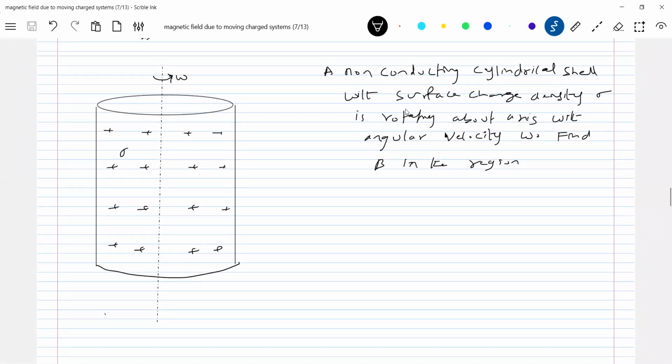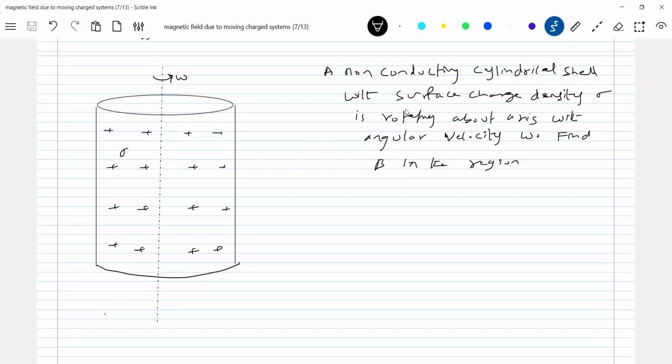Carefully analyze it. A non-conducting cylindrical shell with surface charge density sigma, where the charge is present only on the surface. I'll give 5 minutes time. Analyze it. So it's like a cylindrical pipe, like a plastic pipe.